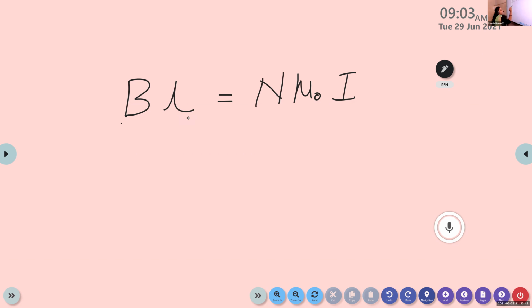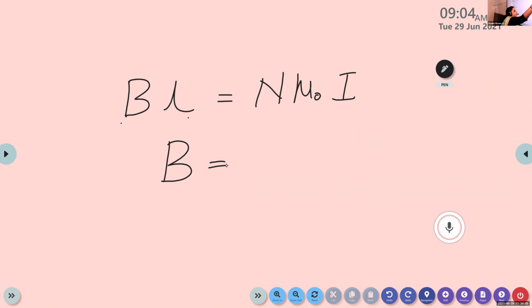Okay. And here we want to calculate the magnetic field B. Rearrange the equation and find an equation for magnetic field. B is equal to, what's the equation for magnetic field?